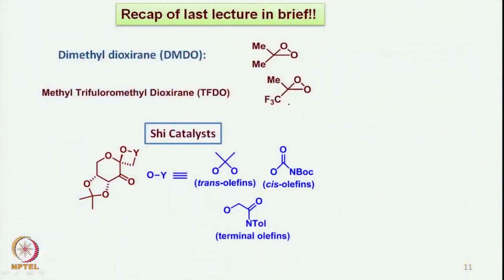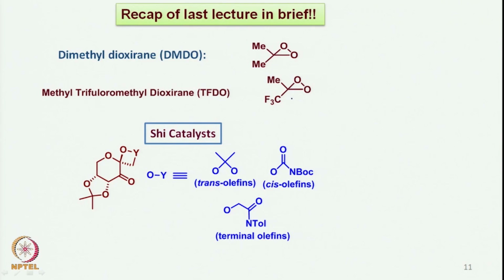Before we continue with wherever we left last time, I would like to have a brief recap of the last lecture. What we discussed in the last lecture was the use of dimethyl dioxazine and some other dioxazines which are useful for the conversion of olefins to the corresponding epoxide.